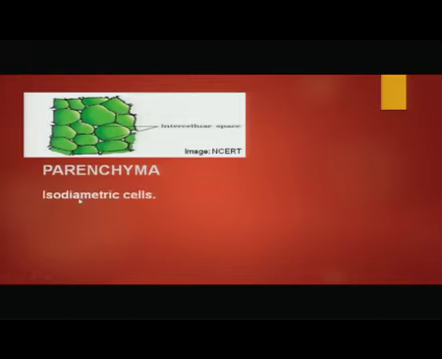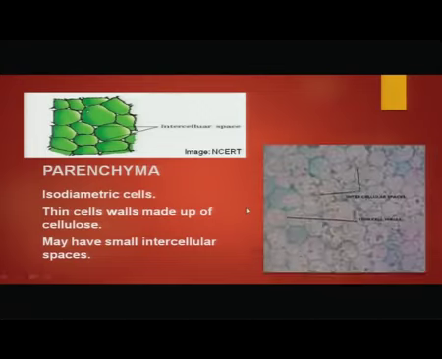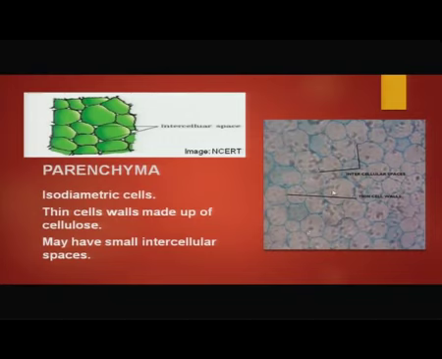So, the cells are isodiametric and the cell walls are quite thin and they are made up of cellulose, and they may have some intercellular spaces present amongst themselves. This is a microscopic image of parenchymatous cells, and look here, you can clearly see the intercellular spaces and the cell walls. Please note them, how thin they are.